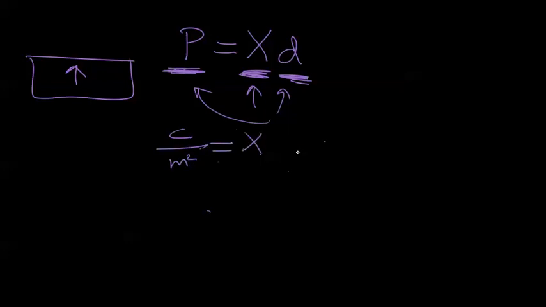So we understand that we're getting some charge appearing on the surface. We apply a force and we get charges appearing on the surface because of that.